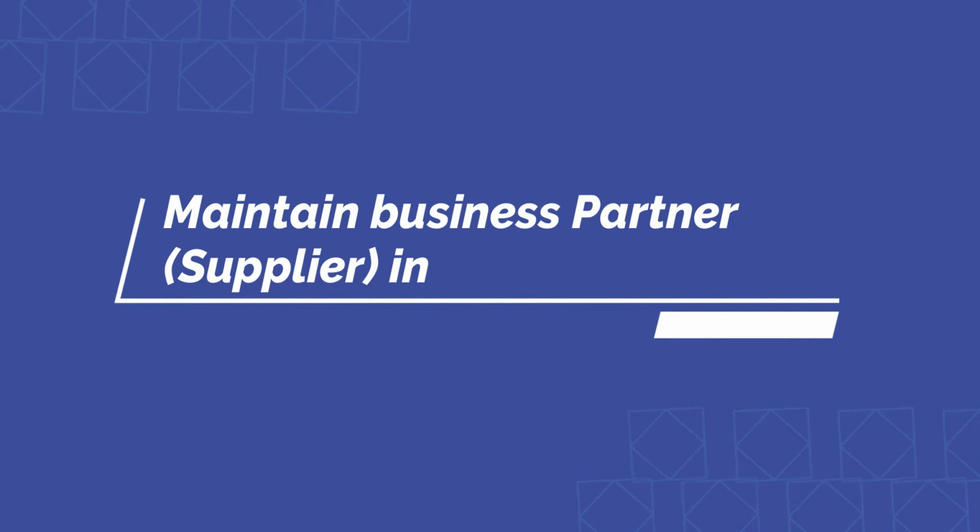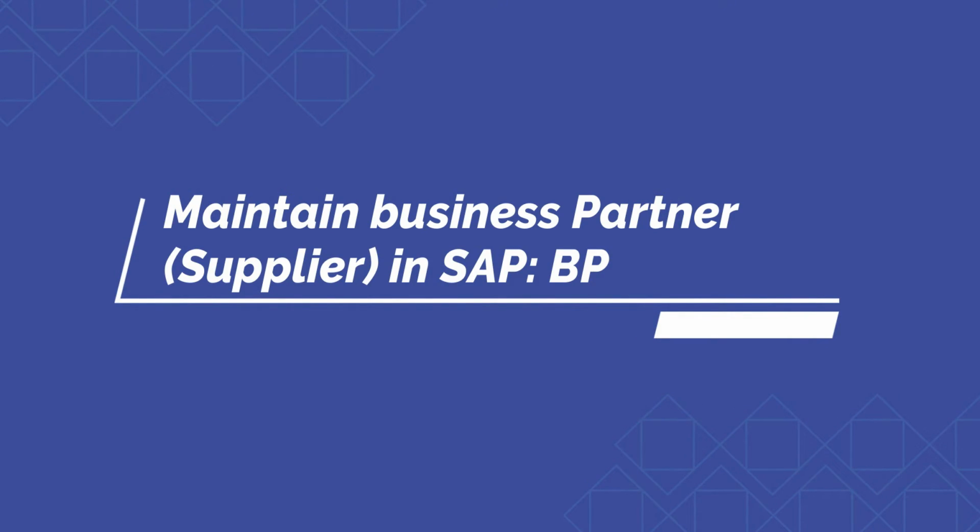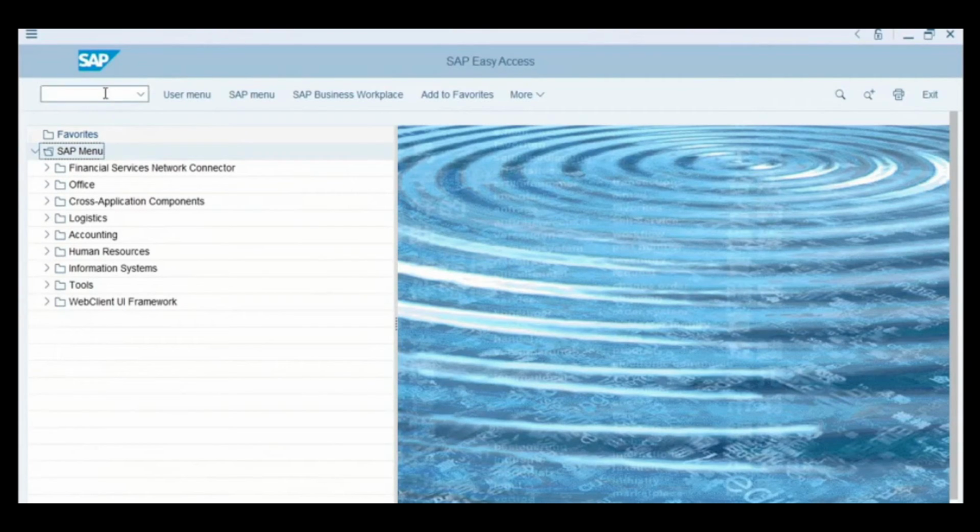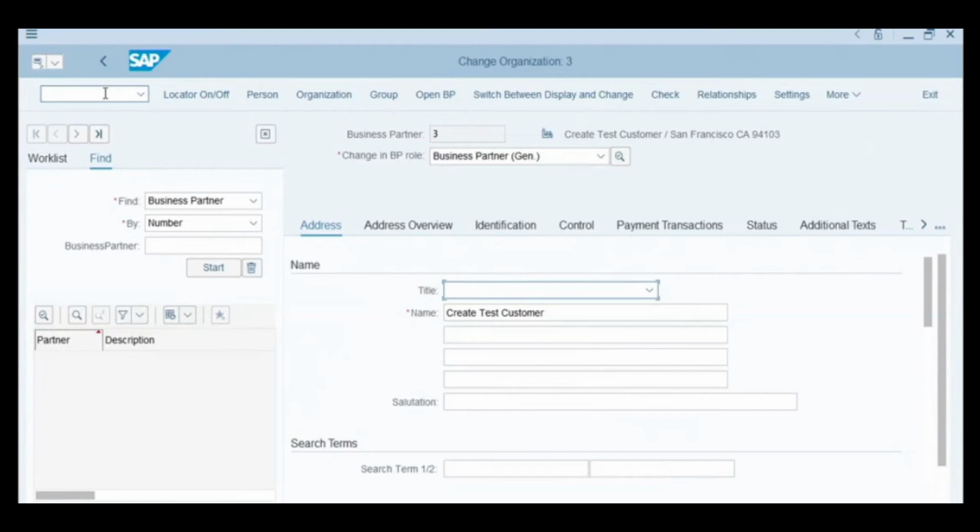Let's maintain the business partner transaction to edit a business partner's account information. To do this, we will write the code in the search bar as BP and press enter. Once we are in the transaction, we can search using the name of our supplier, or if we have the supplier number, like I do, I can enter it into the locator area.